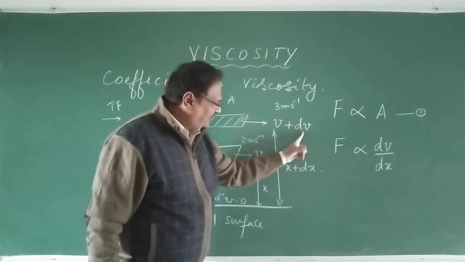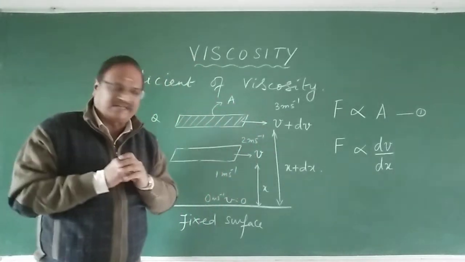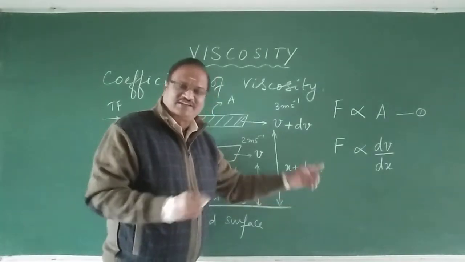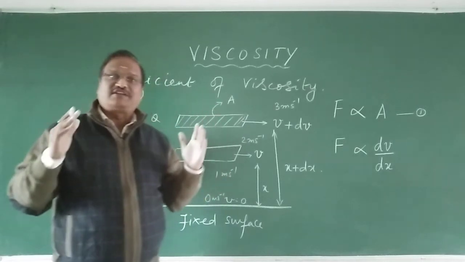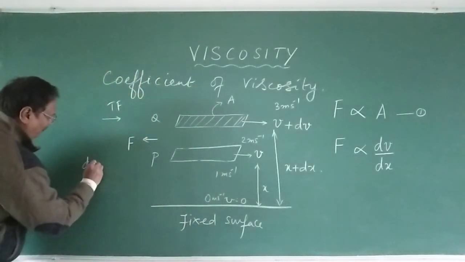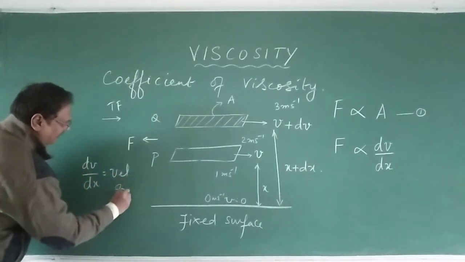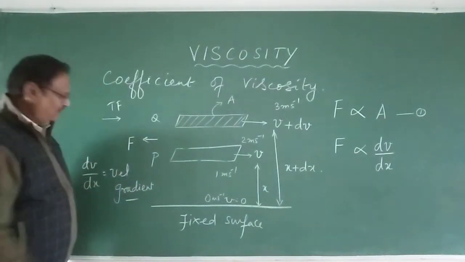Change of velocity with respect to, let me not use the word rate. Rate refers to time. Change of velocity with respect to change in distance between the layers is called velocity gradient, right? This dv upon dx we call velocity gradient. Okay, gradient means different levels, right?